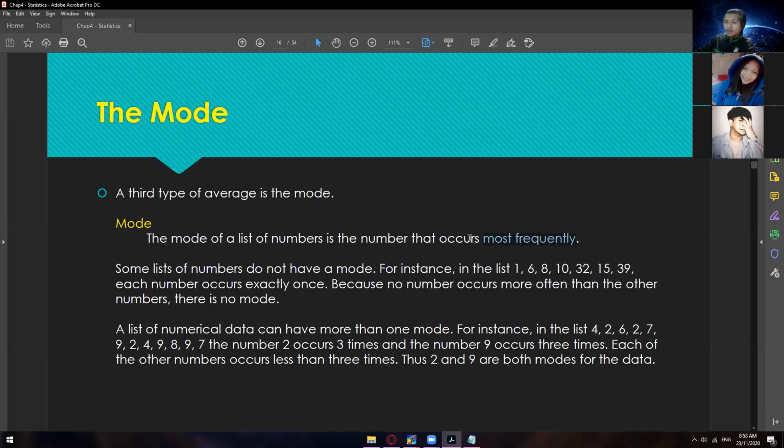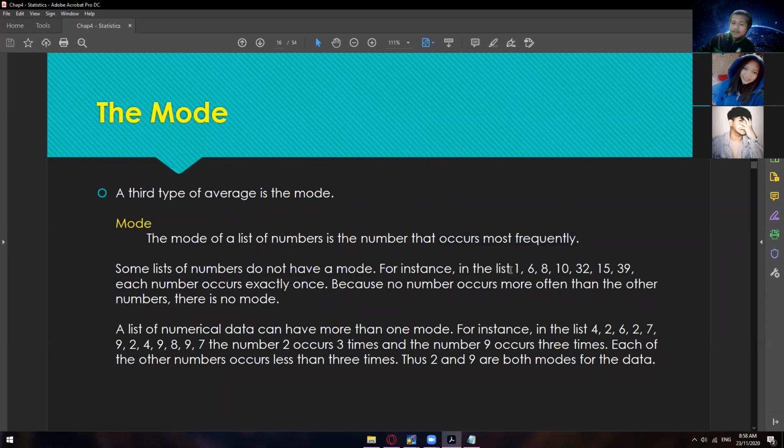We have 3 possibilities. The first: some lists of numbers do not have a mode. For instance, in the list 1, 6, 8, 10, 32, 15, 39, each of those numbers occurs exactly once. For a number to be the mode, it must occur more than the other data.